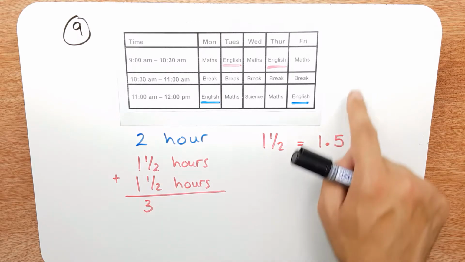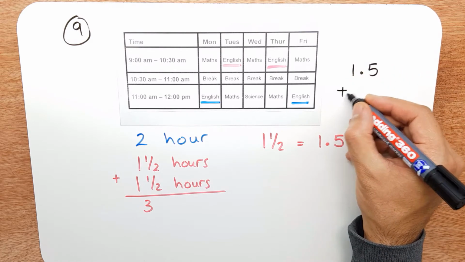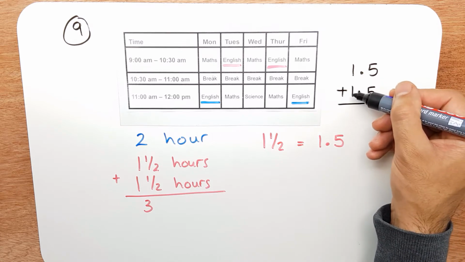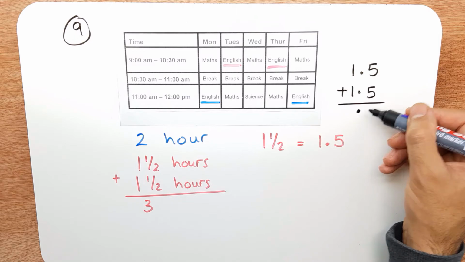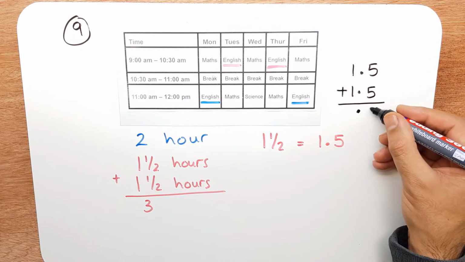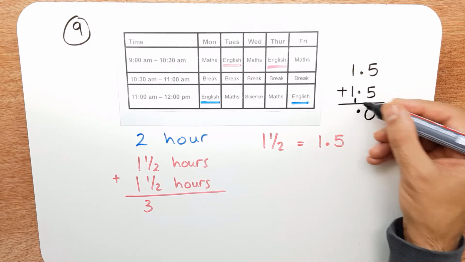So let's go ahead and do that here. 1.5 plus 1.5. Now you have to be careful because you're adding decimals. So let's bring this decimal point here. So 5 add 5 is 10. We put the 0 here and we carry the 1 to the next column.